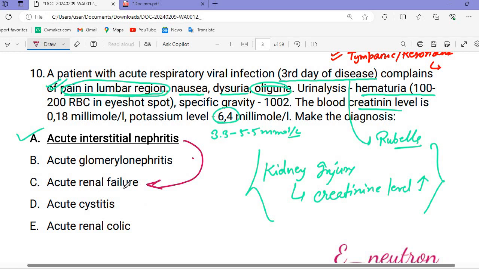And acute renal failure is not possible, because in acute renal failure they will give you this is not the complication. It can be complicated to form acute renal failure, but in acute renal failure there will be retention of urea, the creatinine level will be much higher, along with retention of urea and nitrogenous waste.